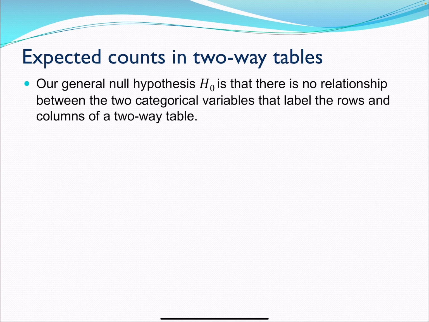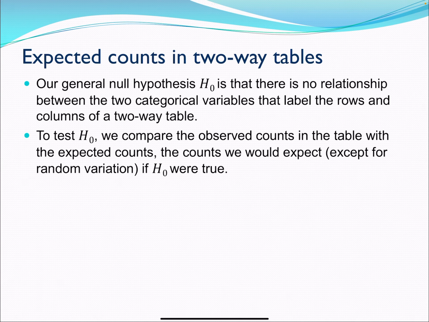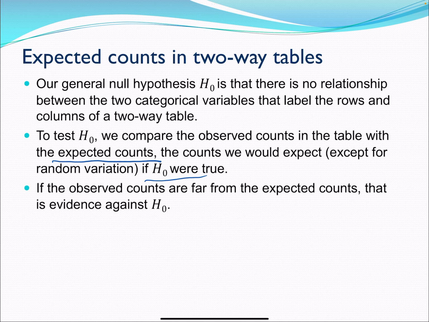Our null hypothesis is there's no relationship between the two categorical variables that label the rows and columns of a two-way table. To test our null hypothesis, we compare the observed counts in the table with expected counts. These are the counts we would expect if our null hypothesis were true. If our observed counts are far away from our expected counts, that's evidence against our null hypothesis.